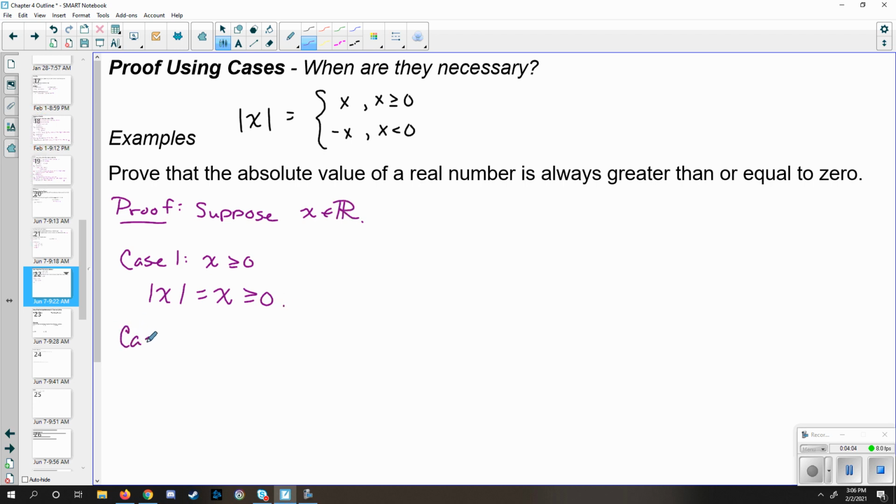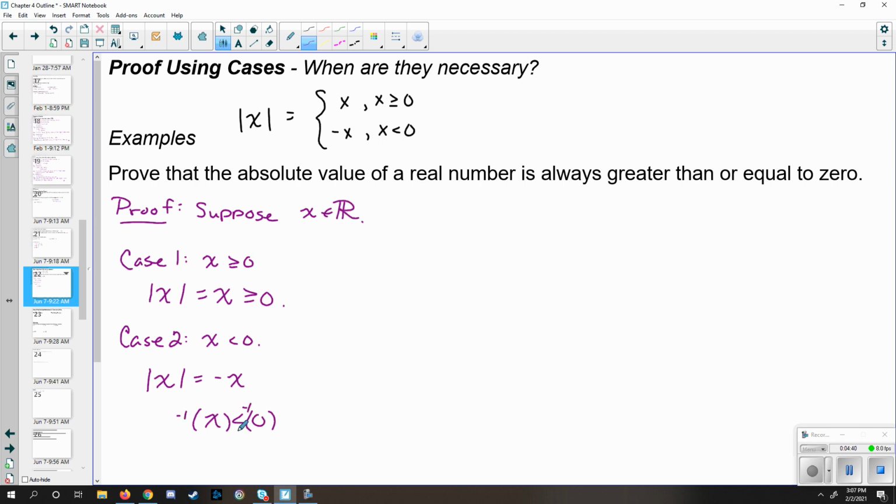Case 2, pretty close, but a slight variation here. What happens if x is less than 0? Well, when x is less than 0, the absolute value of x is equal to negative x. So if we're saying that x is less than 0, and you multiply by negative 1, what does that leave us with?